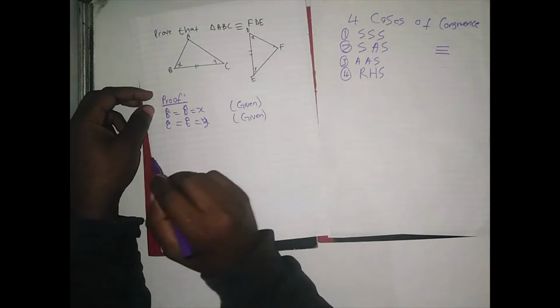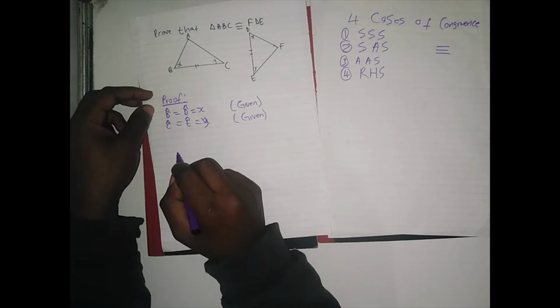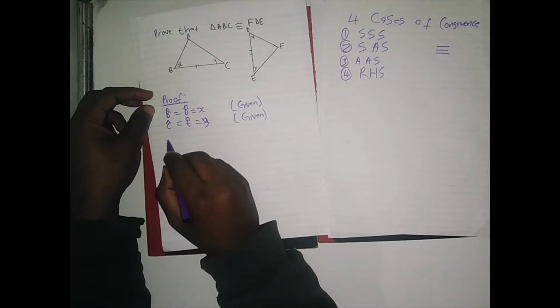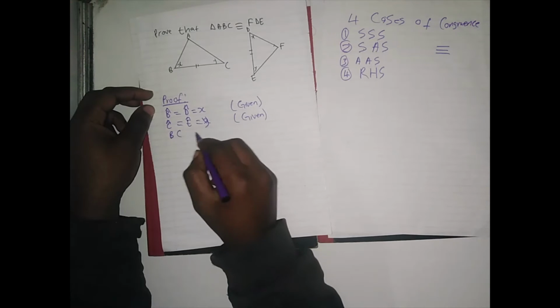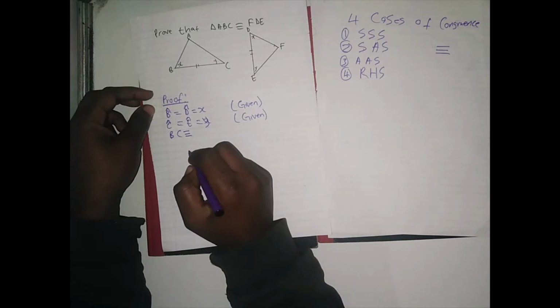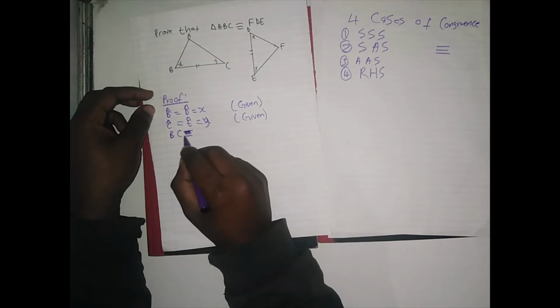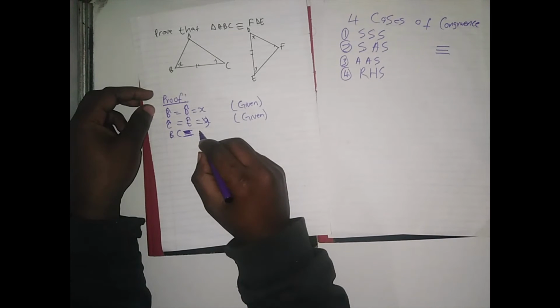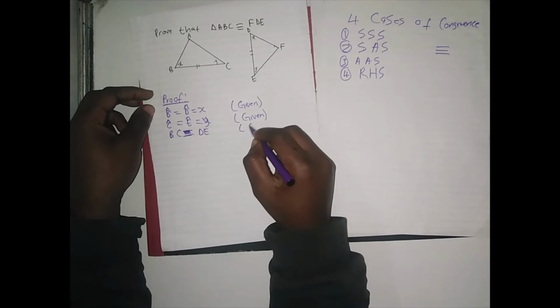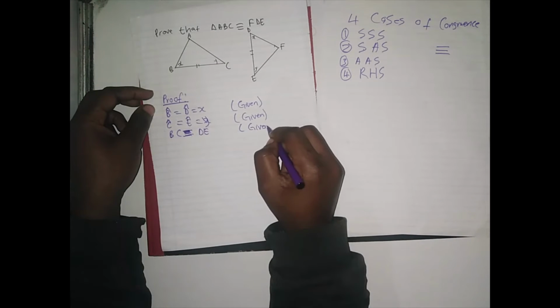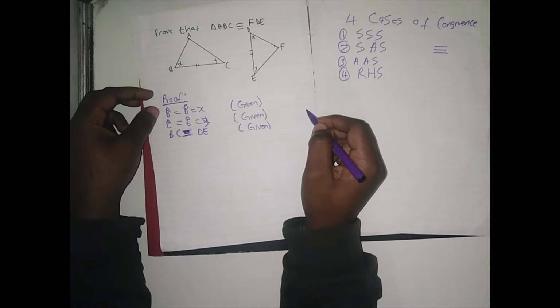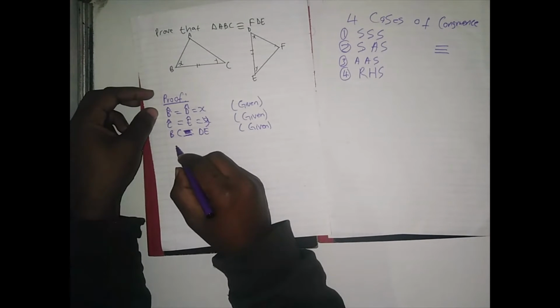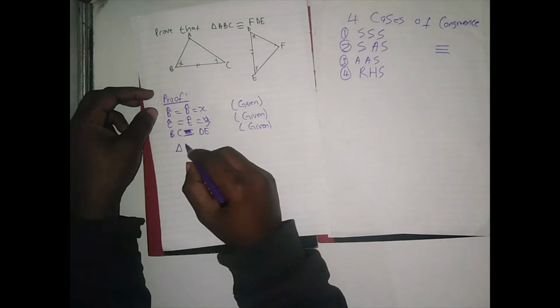And then now there are sides. Can you see? Now I've got sides that are equal. So I'm going to say side BC, sorry, no, not this side, equal to DE, and that is also given.